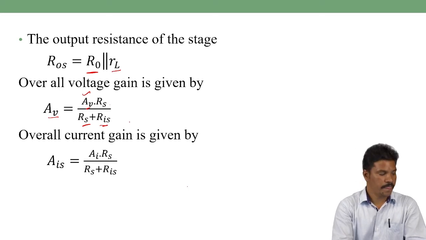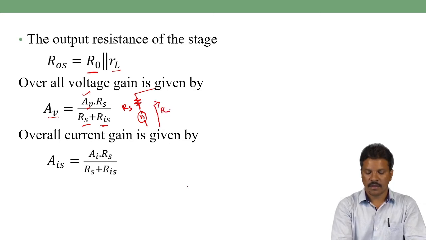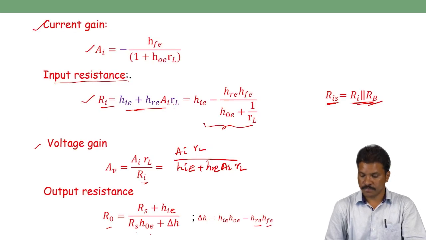Here it is a voltage source Vs. Its internal resistance is Rs. Already we have calculated RIS.